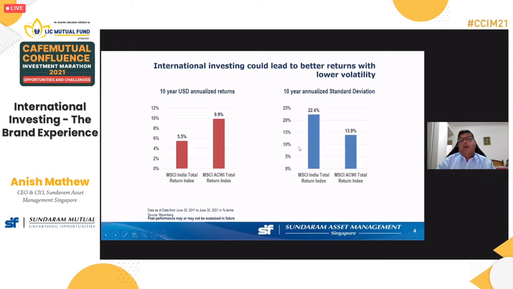And this underperformance, if you look at the chart on your right-hand side, has come with a much higher volatility. The volatility of returns in India is about 8% higher than the volatility of returns in the global markets. So not only has the Indian market underperformed, but the underperformance has come with a higher volatility.